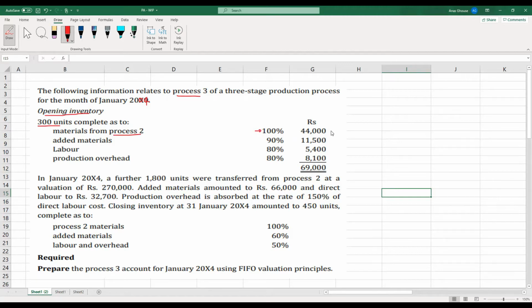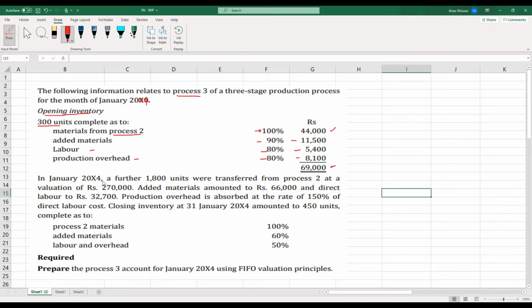The cost was 44,000. Added material 90% completed, 11,500. Labor 80% completed, and the cost is 5,400. Production overhead 80% completed, and the cost was 8,100. The total opening stock brought forward cost is 69,000.